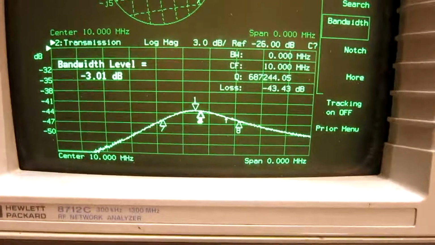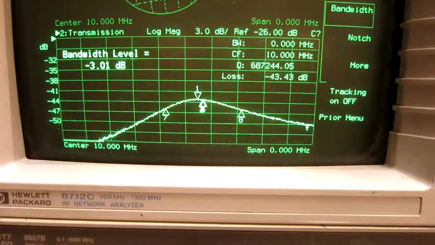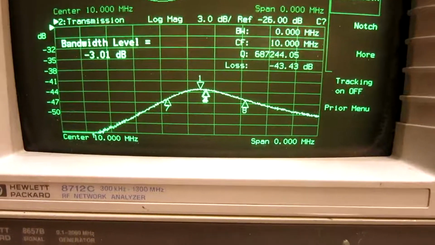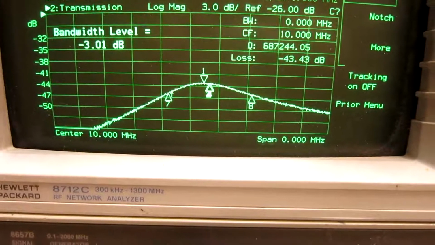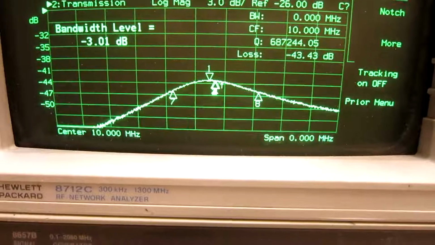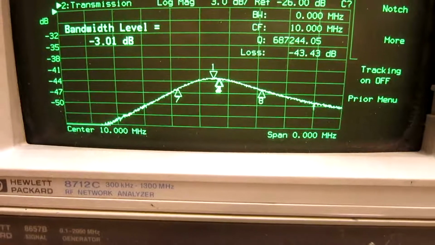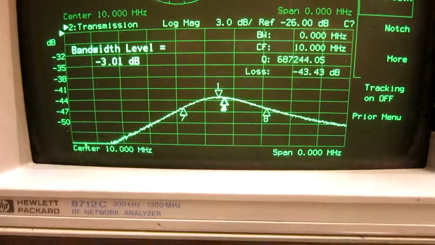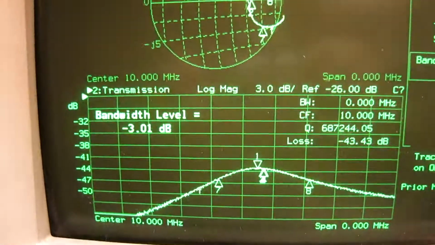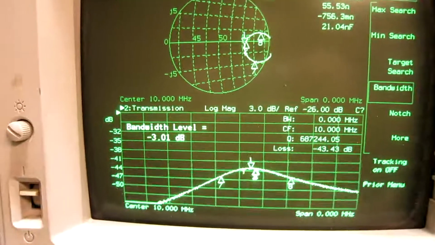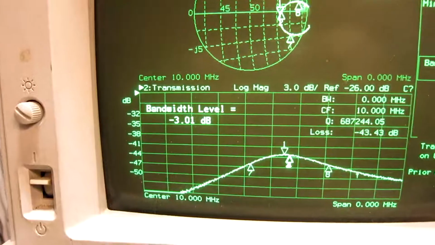And the attenuation has increased from 37.72 to 43.43. That is 0.3 dB from a 6 dB loss. So the impedance is a little bit less than 13 kilo ohms, well in agreement with what I calculated from the not so accurately measured input power.